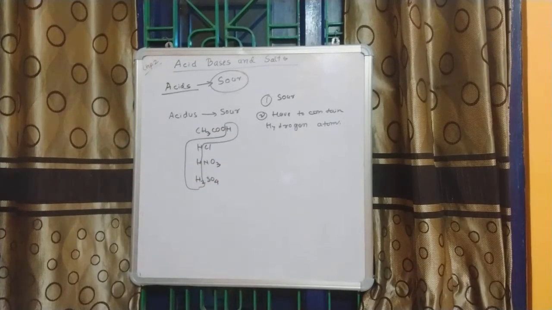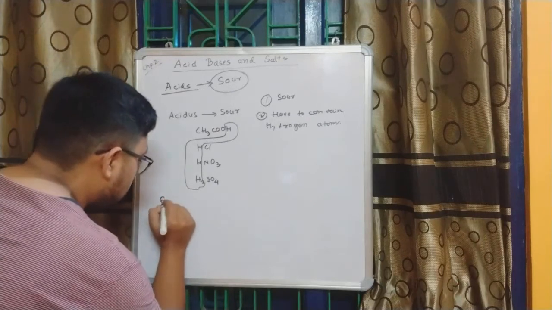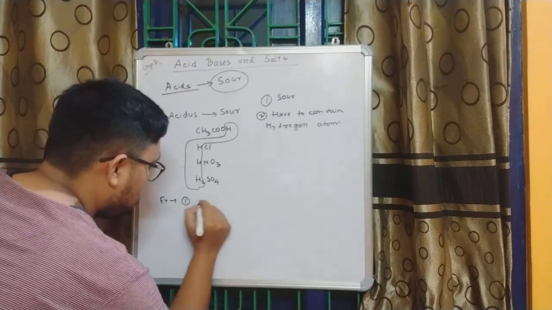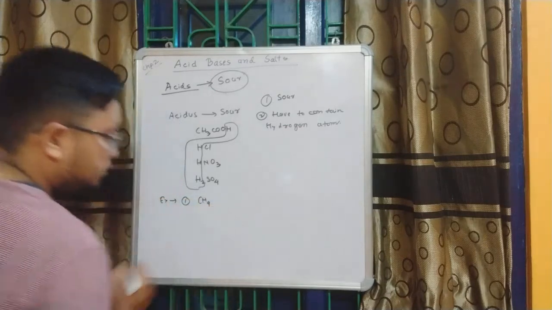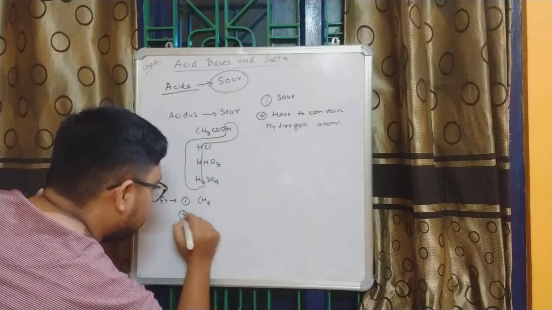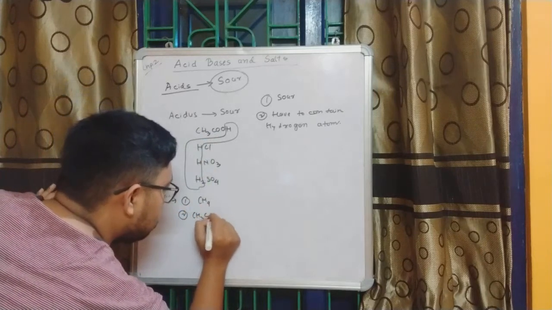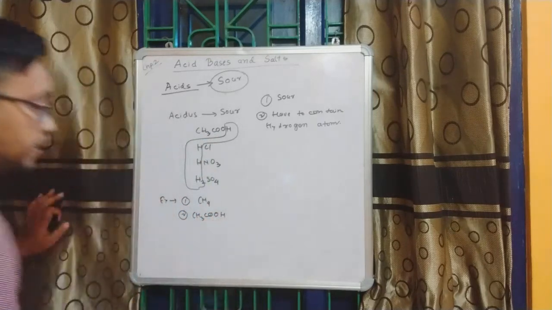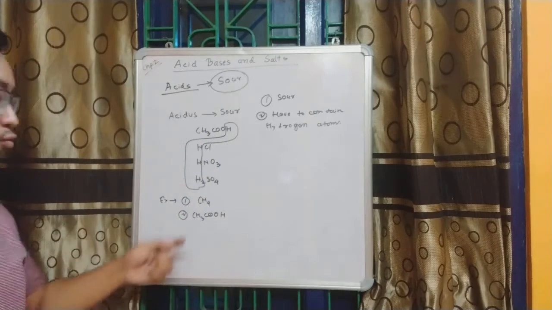Now let me give you two examples. Example number 1, I have CH4 and I have CH3COOH, correct? So we have two known compounds with us.